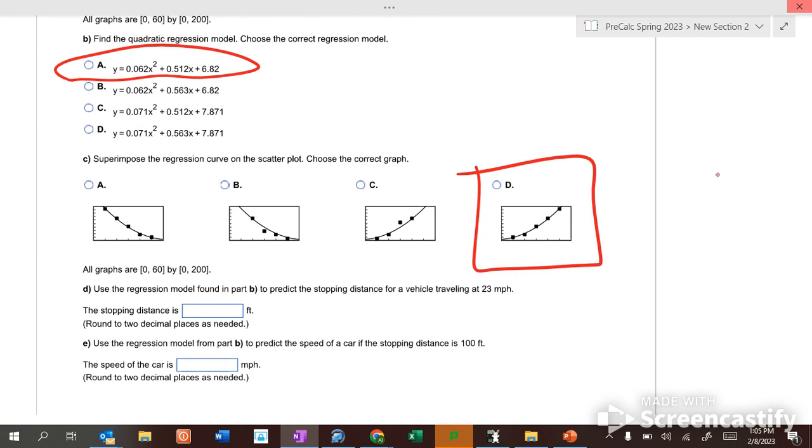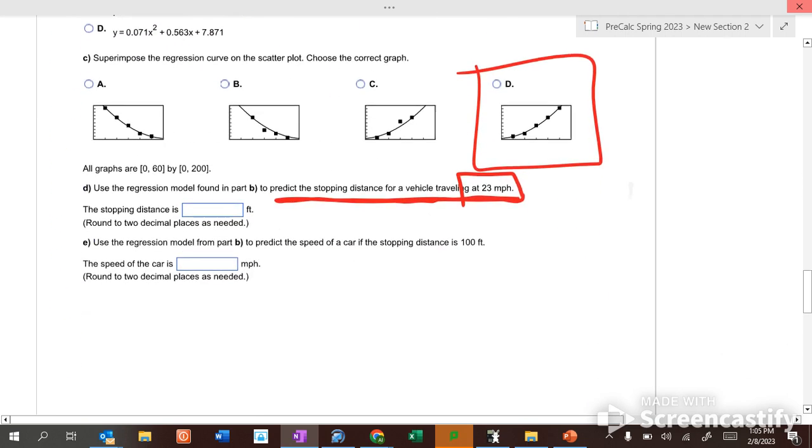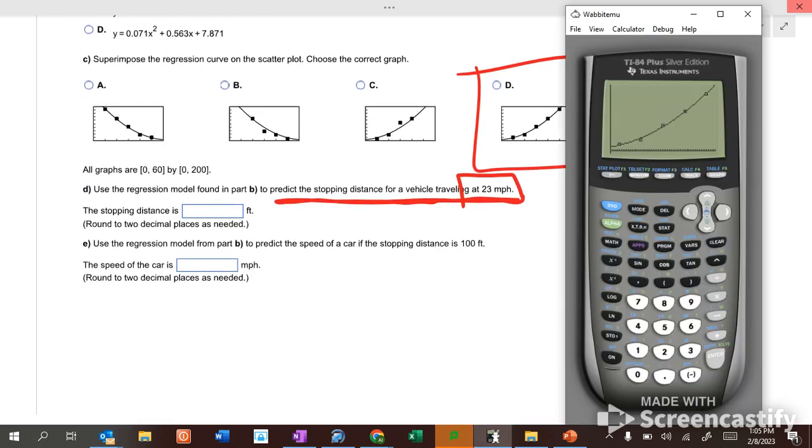Now we're supposed to predict the stopping distance for a vehicle traveling 23 miles per hour. So the speed is our X. So we're going to trace on the graph to 23. So we're going to click trace. And if I trace right now, see how I'm on 10? If I go to the right, I'm on 20. I'm on the dots. I don't want to be on the dots.